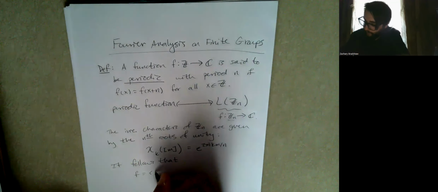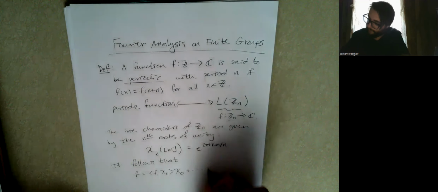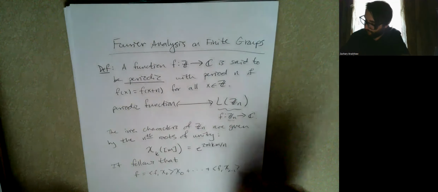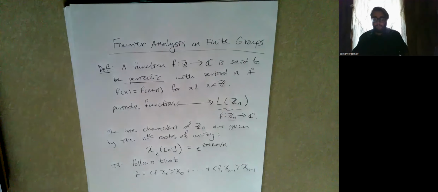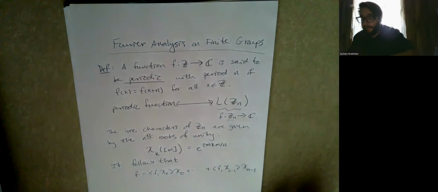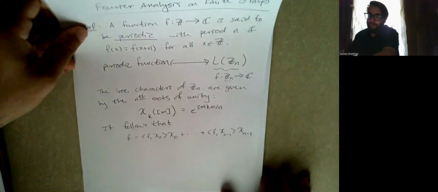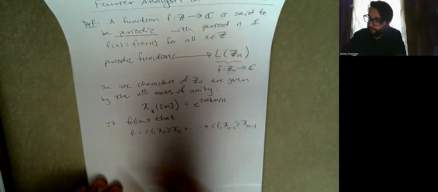It follows that f can be written as a sum in the following way. Okay. And this is probably starting to look a lot like what you're familiar with, which is the Fourier transform.